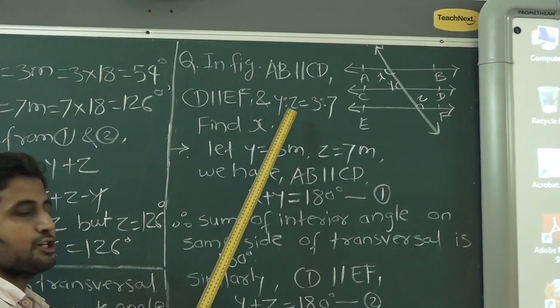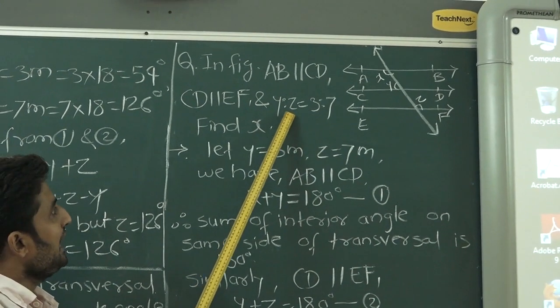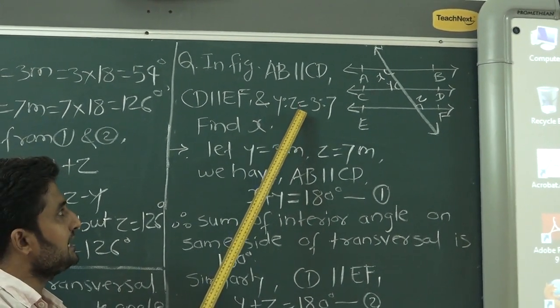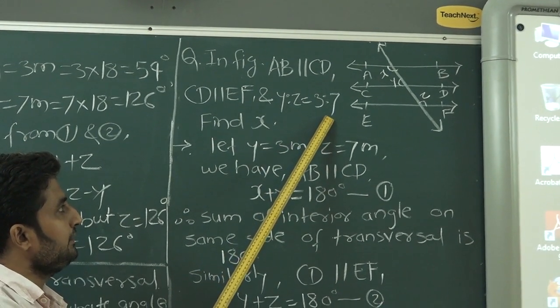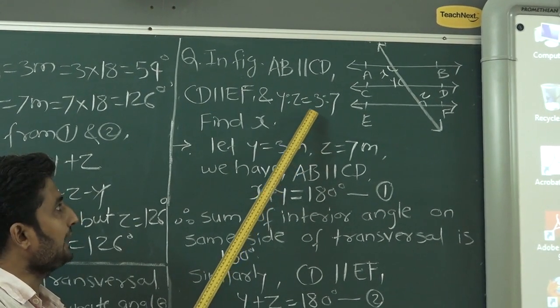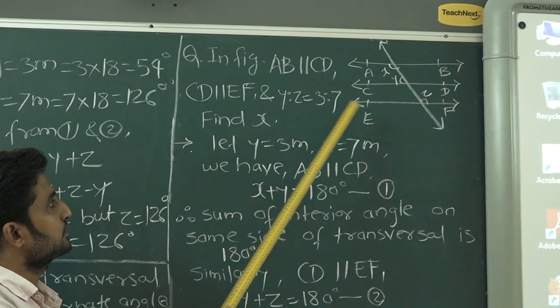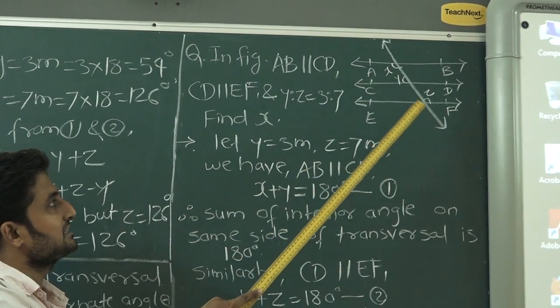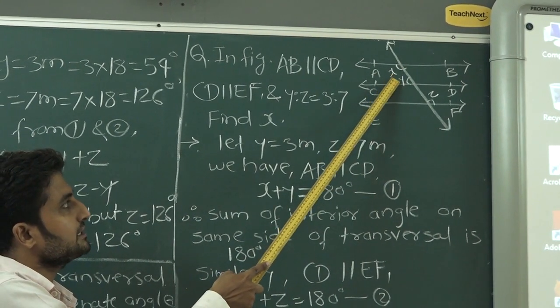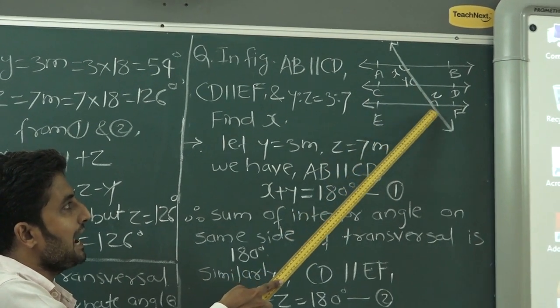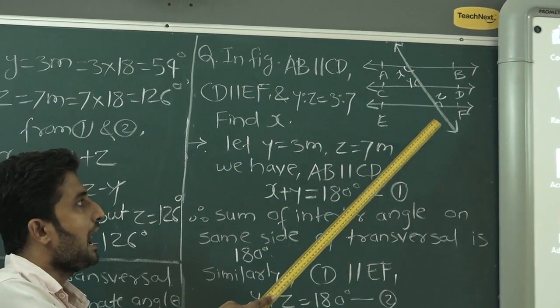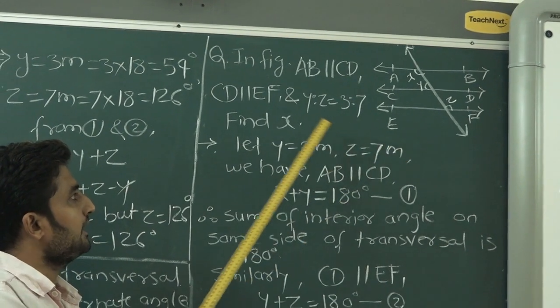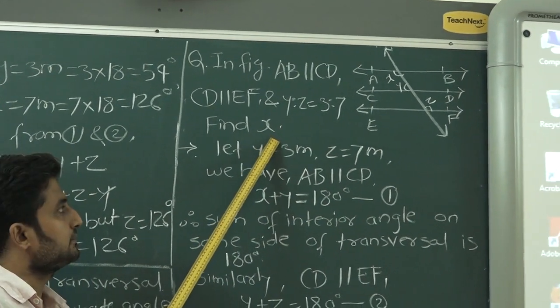And what ratio is given here? Y as Z is 3 as 7. The ratio is given, and we are asked to find X. From this figure, it is clearly seen that angle Y and angle Z are given, and on the basis of that, we are asked to find the angle X.